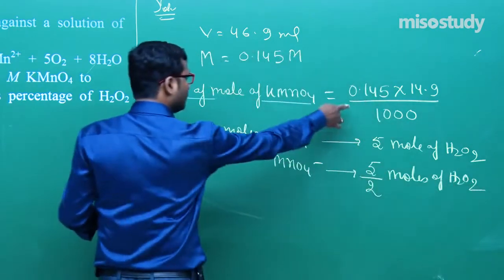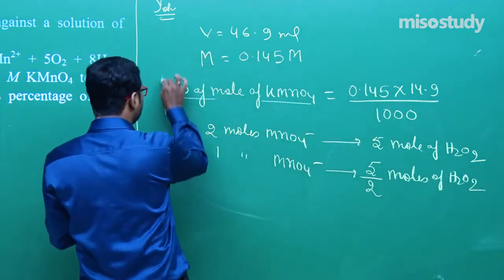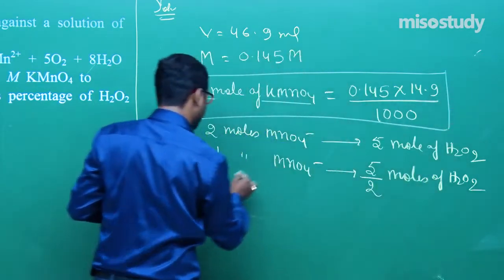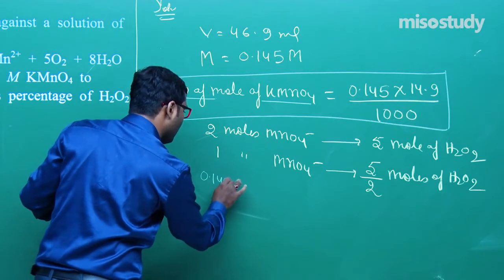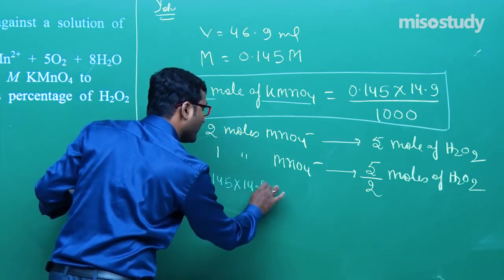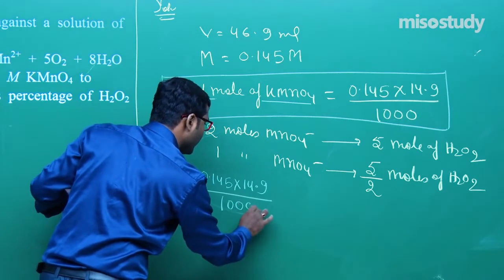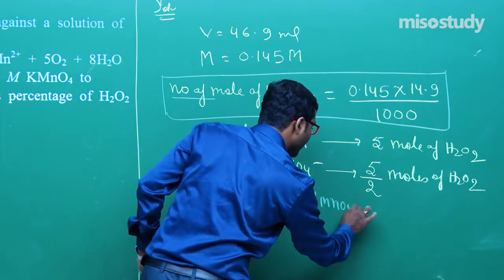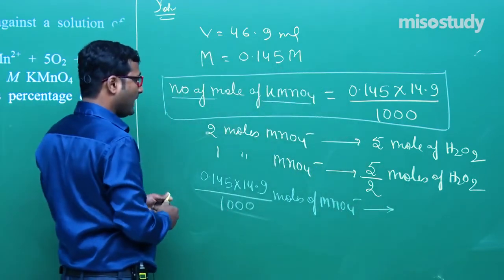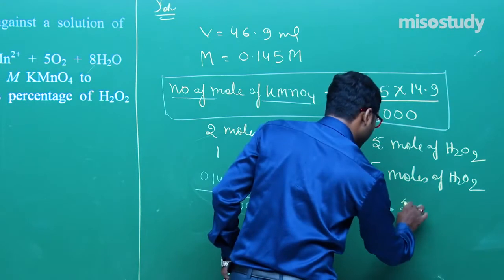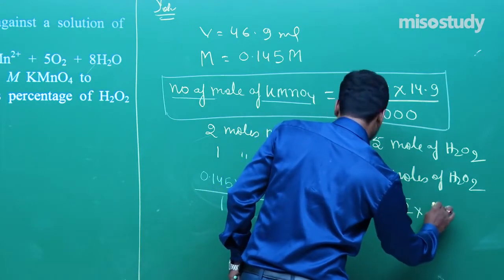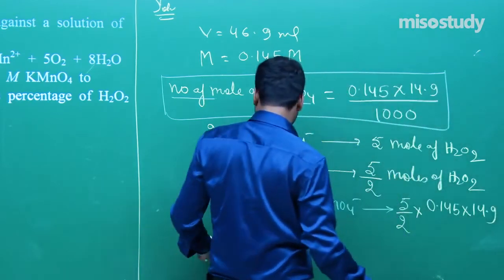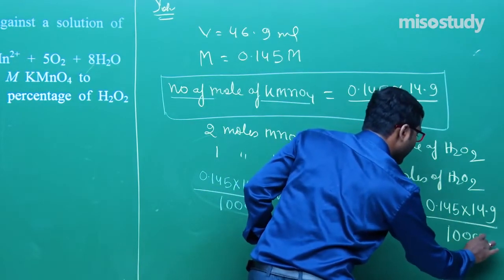Now according to the question, this is the number of moles. Therefore 0.145 multiplied by 14.9 divided by 1000 moles of MnO4 minus combines with 5 by 2 multiplied by 0.145 multiplied by 14.9 divided by 1000 moles of H2O2. Clear to you?